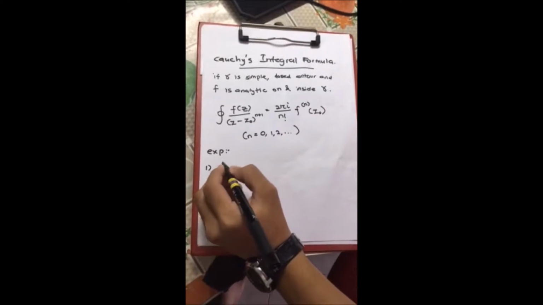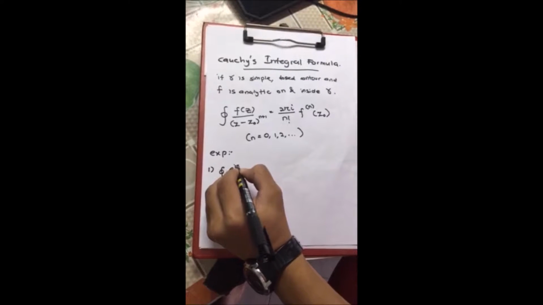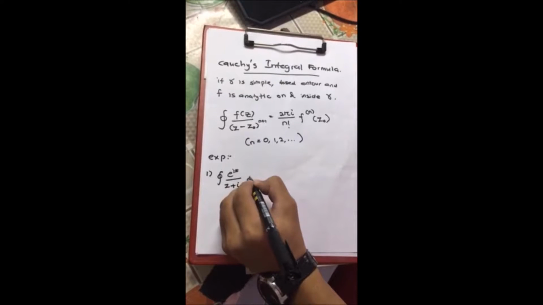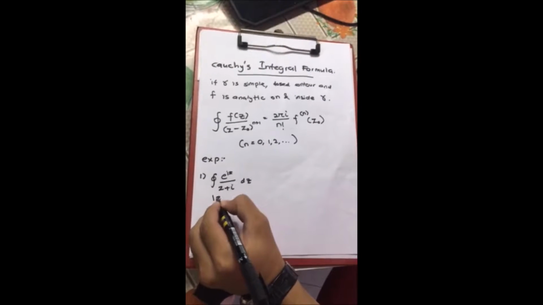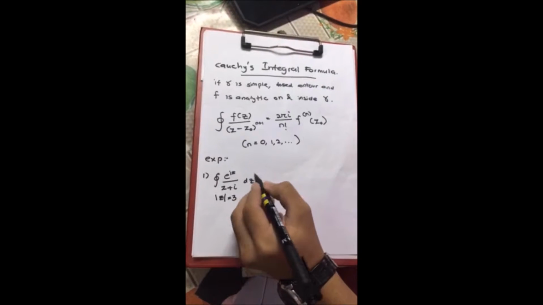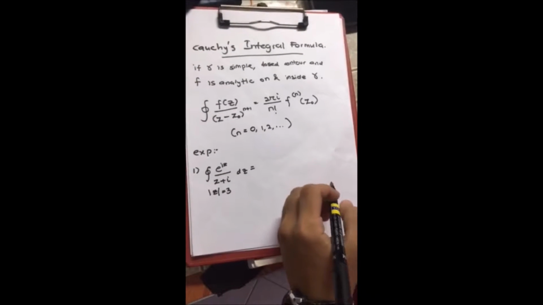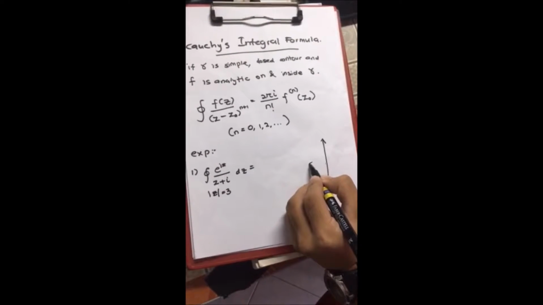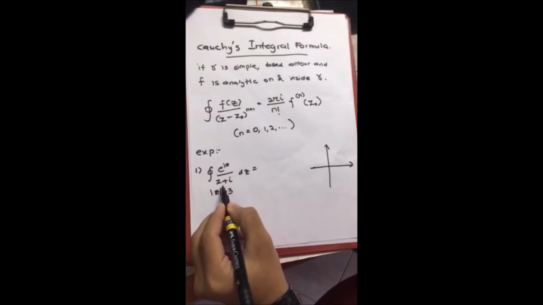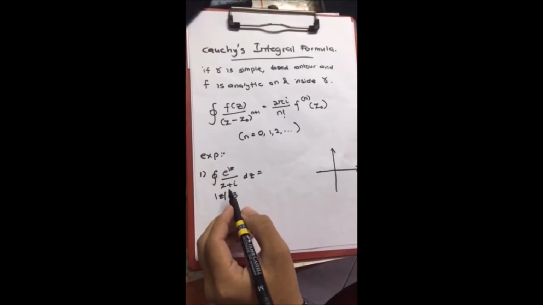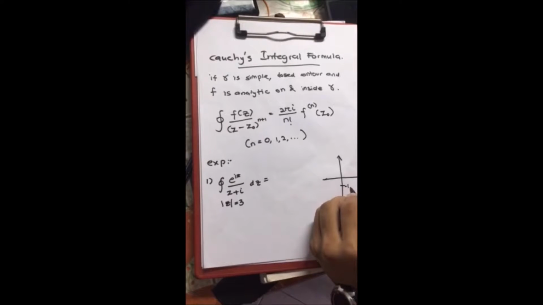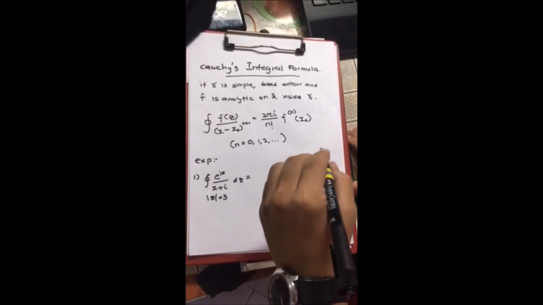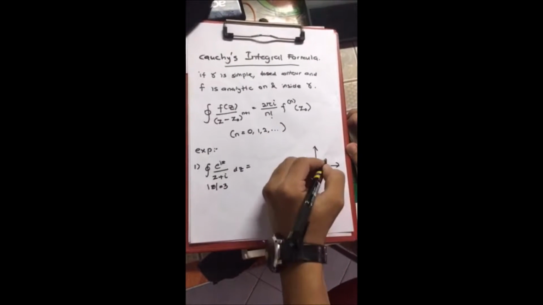The question is the integral of e^(iz) over (z plus i), with |z| equal to 3. Okay. First of all, you must draw the contour. z equals negative i. It doesn't matter how you draw the curve.